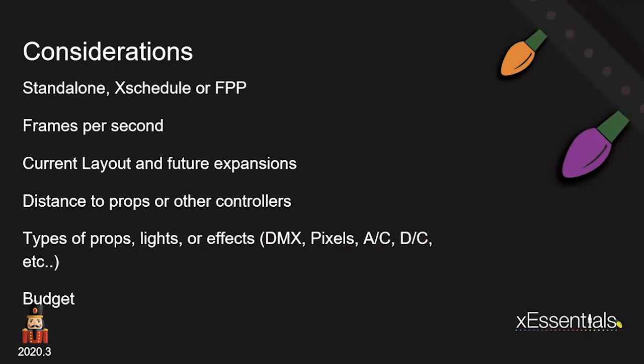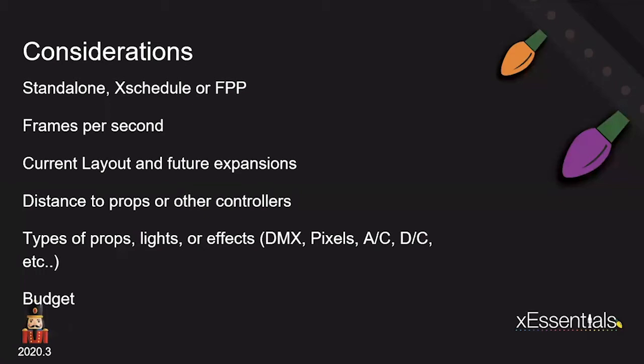You'll want to keep in mind the distance to all your props or your other controllers, as that'll play a major factor in what controllers would work best for your display. You also want to look at the types of props, lights, or effects that you have: DMX, pixels, AC lights, DC lights, servos, just a big long list. And you also want to make sure that you're keeping your budget in mind.